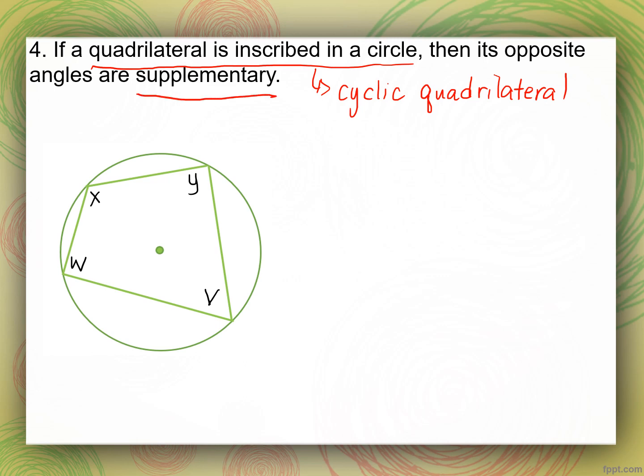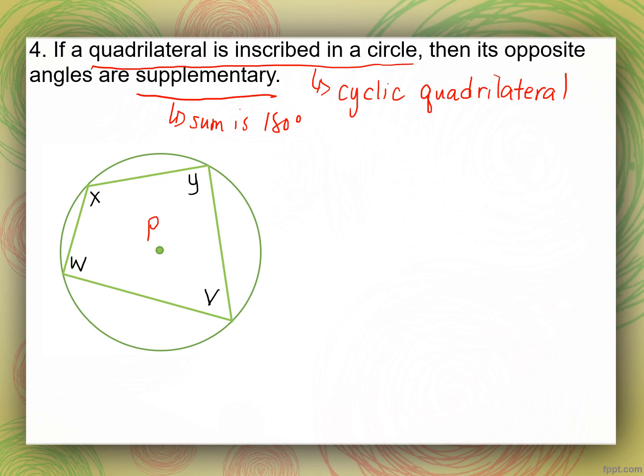When we say supplementary, the sum is 180 degrees. Let's have here a circle. Oh, we didn't name it, so let's put P, for example. So let's have here circle P. Based on the theorem, opposite angles of a cyclic quadrilateral are supplementary.